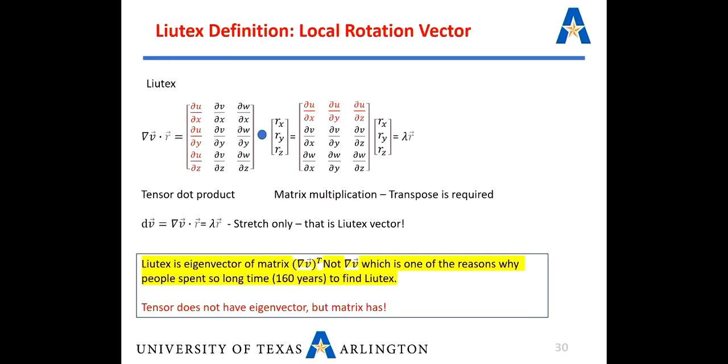When we talk about mathematics, that's the eigenvector for this, not for this. This is velocity gradient, not for water gradient. It is a water gradient transpose. One of the reasons why we need 160 years to find a new text is because there's a mathematical misunderstanding. That's why we need a long time.